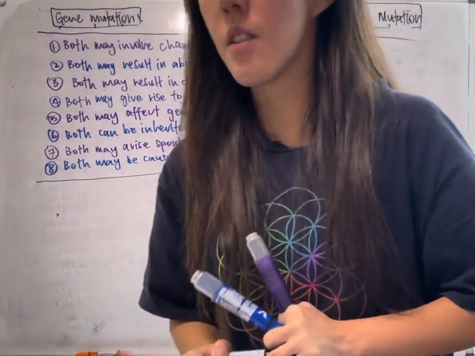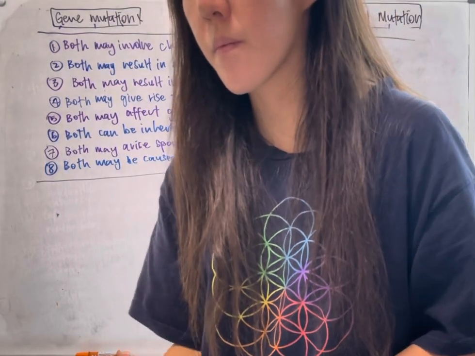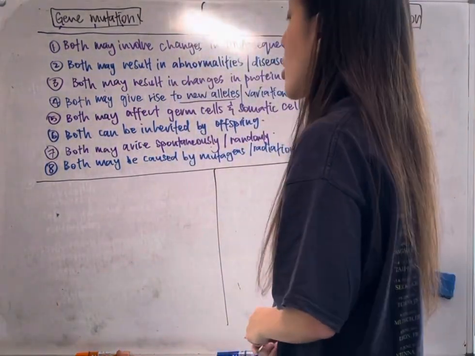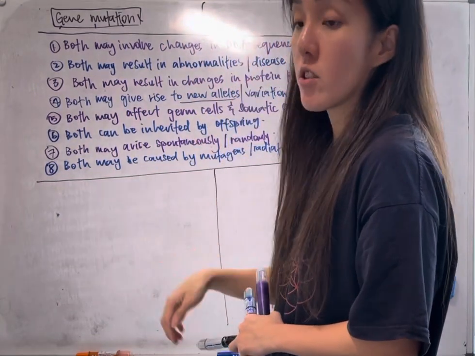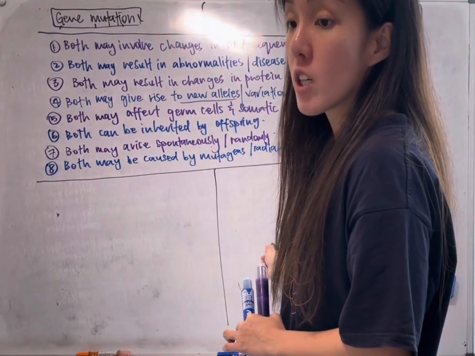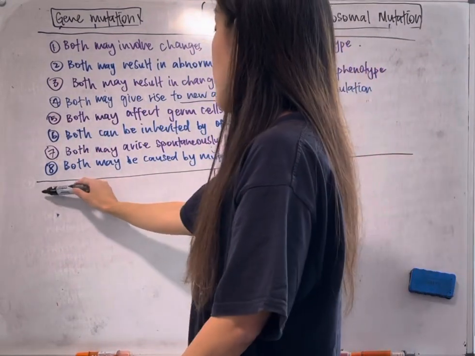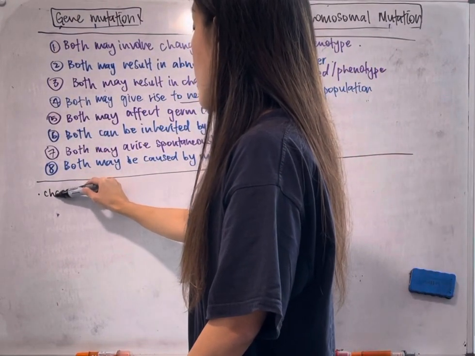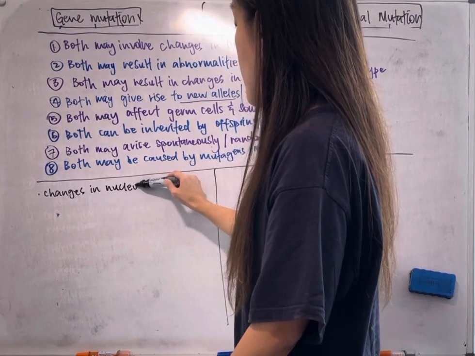So let's talk about the differences between your gene mutation and your chromosomal mutation. You should know already, gene mutation, right? We are purposely just changing the nucleotide sequence on your DNA. But this usually changes the structure of your DNA, or the number of chromosomes. So this one involves changes in nucleotide sequence of DNA.